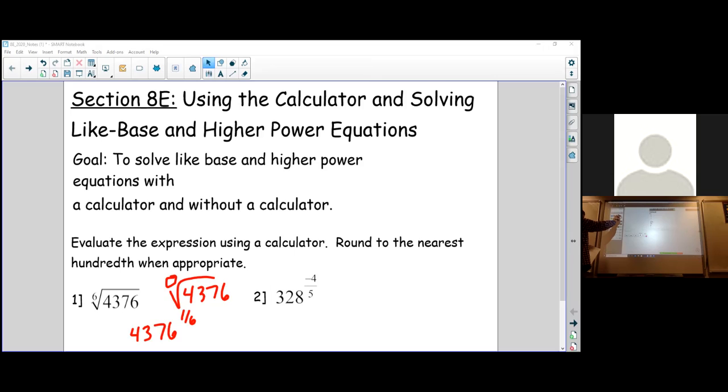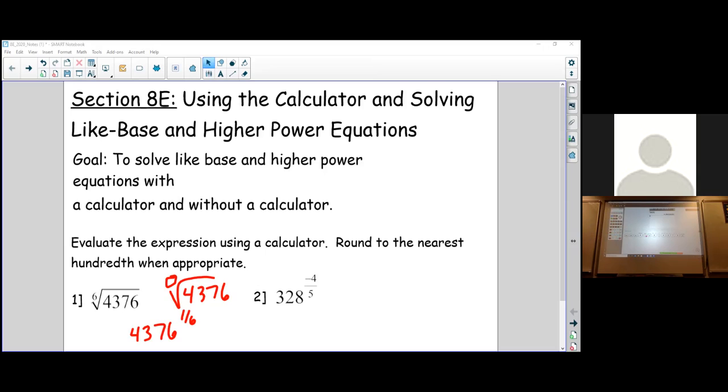I'm going from the bottom, so I hit second catalog and went to the bottom. I'm going up. So I got third root. No, that's not going to help me. Ooh, that one right there, X root. So this one would allow me to go 6th root of 4376 and hit enter. So the answer to this is 4.04.